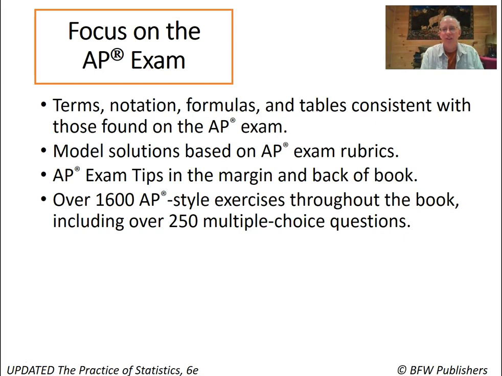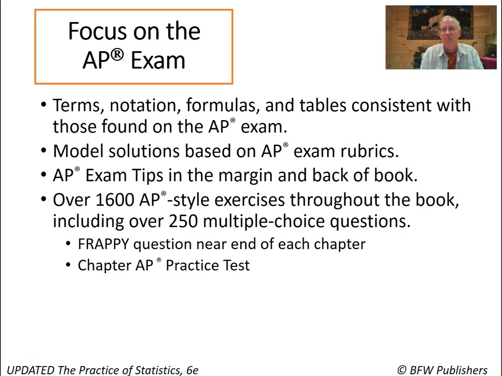We have over 1,600 exercises throughout the book, and we've kept in mind AP style, so we have over 250 multiple choice questions to go with a variety of free response style items. We also have our free response AP problem question near the end of each chapter.